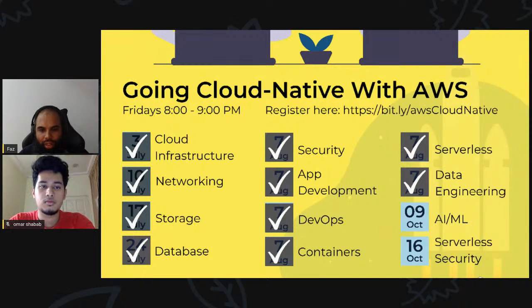We had containers by Osama, who's finally a UM student, but also a Kubernetes and containers aficionado. And then we had the CTO of a startup, Vaz.ai, Ashrik, who came and shared about serverless. So we're rounding up this whole session with security because at AWS, we believe security is job zero. Anything you start with has to start with security. So it's a good way to round off the whole discussion so that when we jump into future sessions, we'll start incorporating security as a layer across whatever we build in terms of applications.